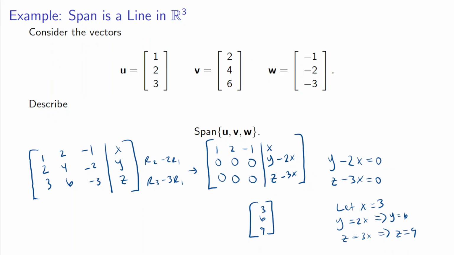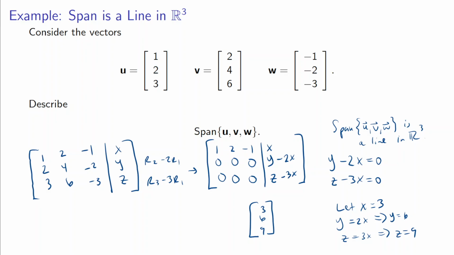And again, this gives us a line in R3. So the span of U, V, and W is a line in R3.